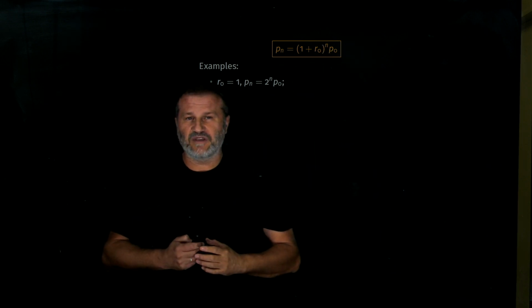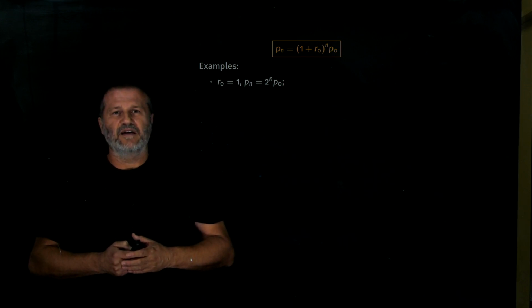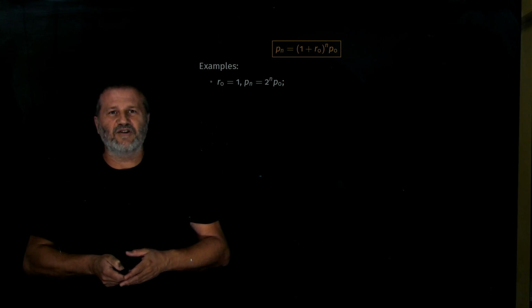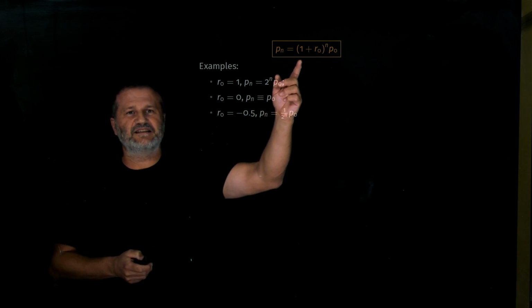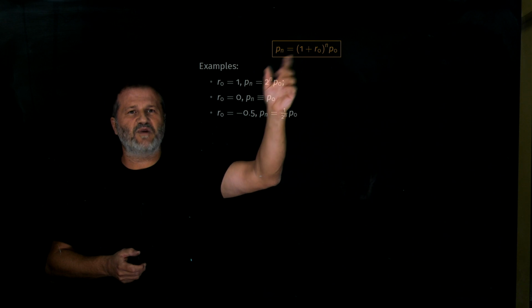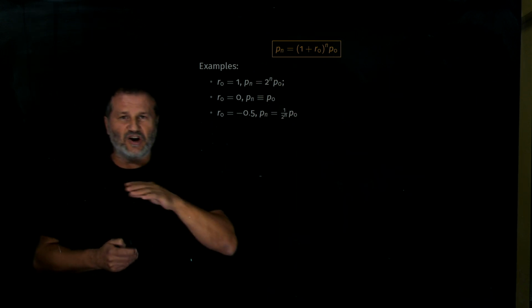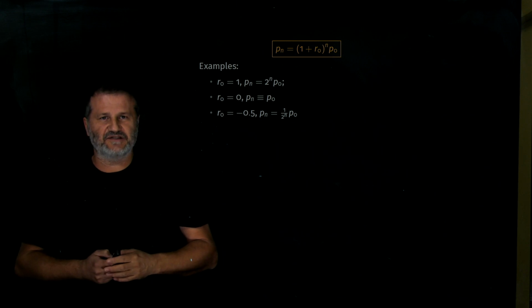So with this growth rate, the population basically doubles at every generation. With R0 equal to 0, the parenthesis is 1, so 1 to the power n is 1, and Pn will always be equal to P0. So we have a constant behavior, nothing changes.